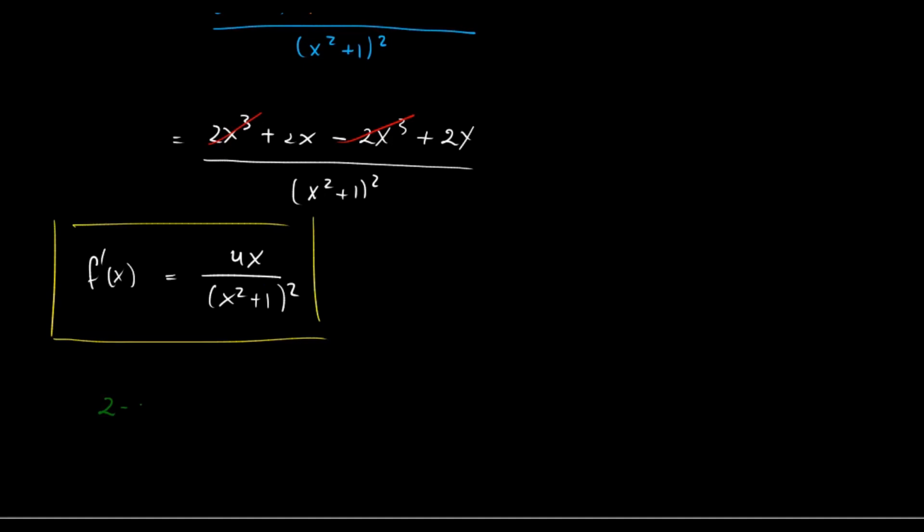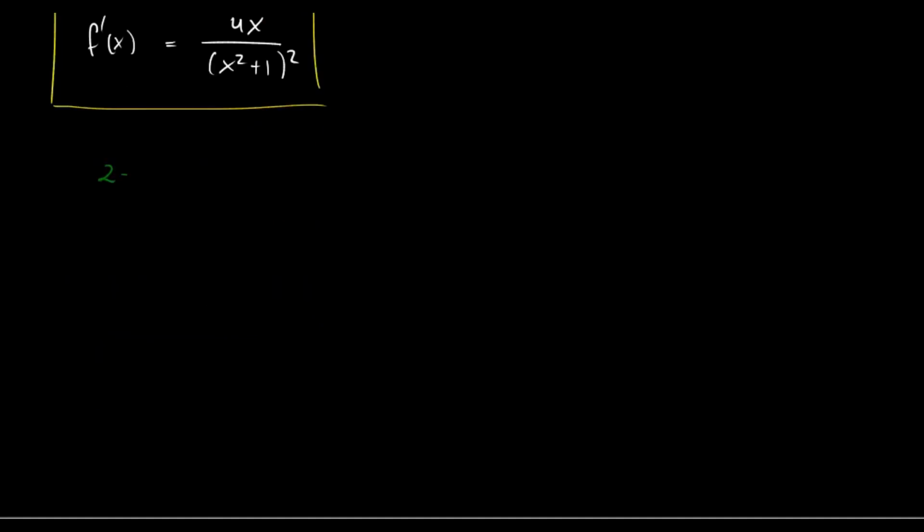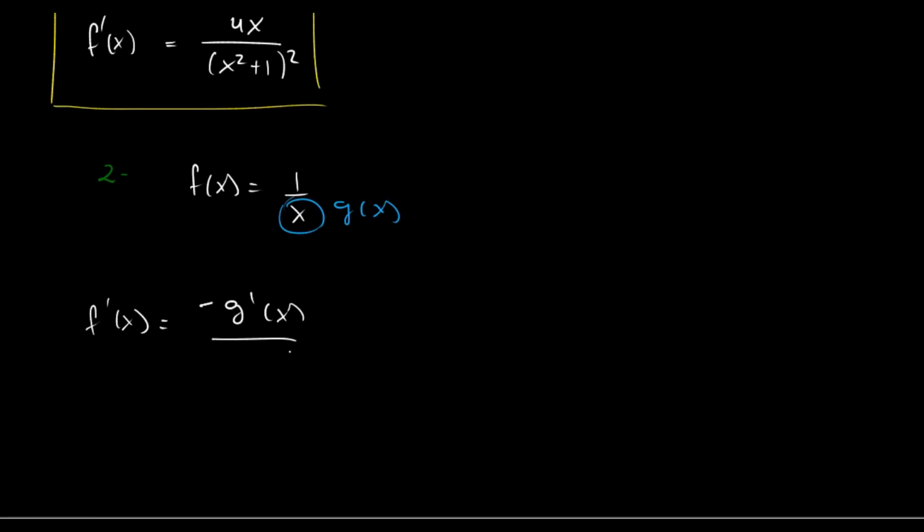And now the second example is very simple, but it's also very useful. It's a very common function, so it's an example that you'll see over and over again. And that is f of x is 1 over x. Well, f prime of x, this is when we call x g of x. We know the derivative for 1 over g is minus g prime in x divided by g of x squared.